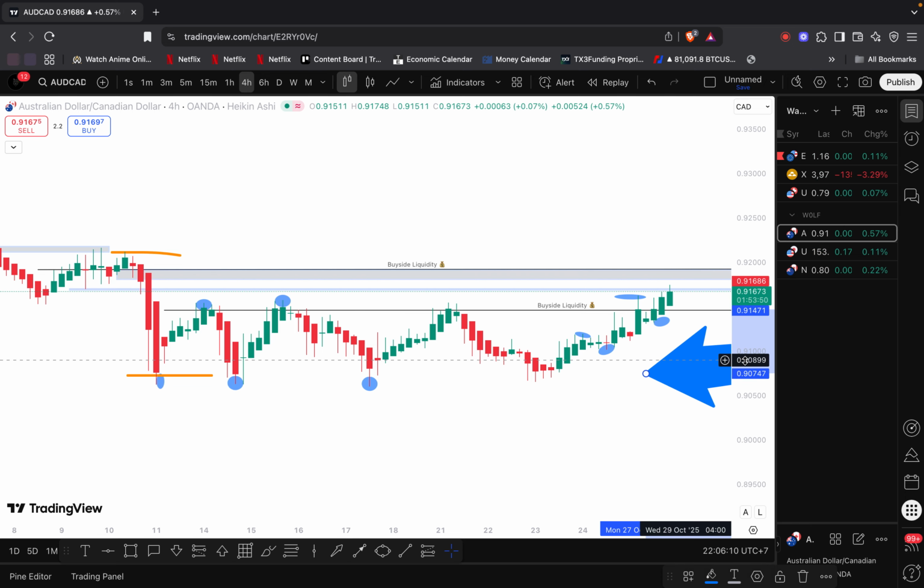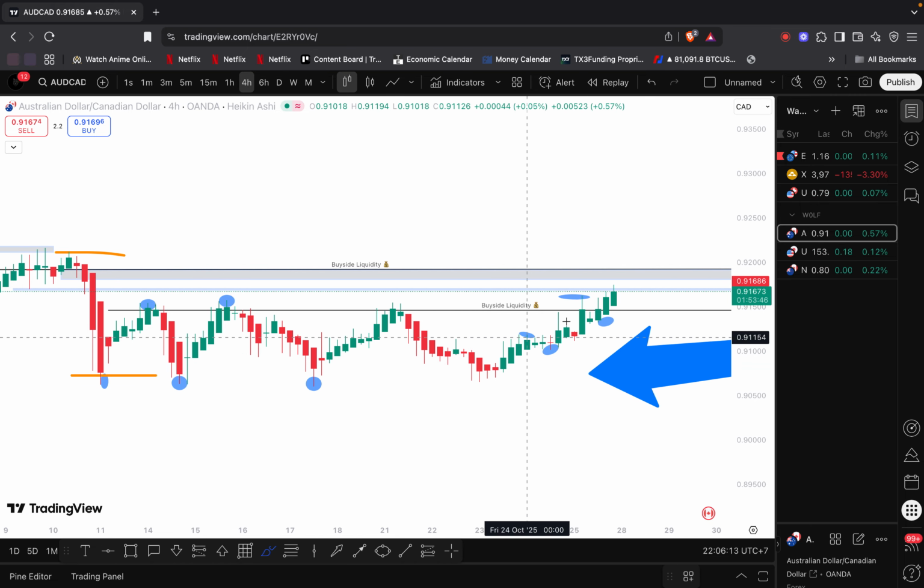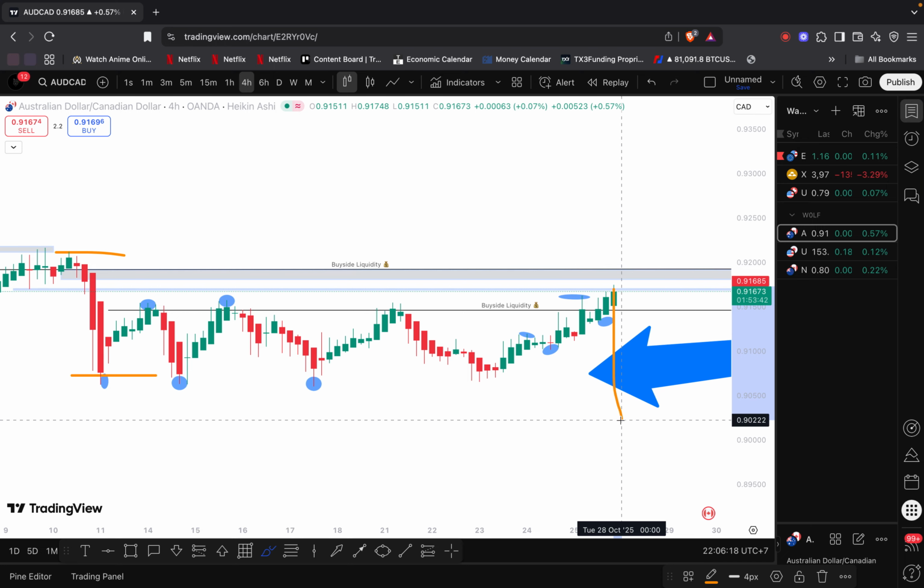I'm not going to trade anything until I see price react off of this range that we're in. Price needs to react by going down, and then I'll get into a sell, or price can go up. When you're trading, you want to have a system in place that lets you know when to buy or sell. If I didn't know what I was doing, I would just be entering random positions and I would blow my account.